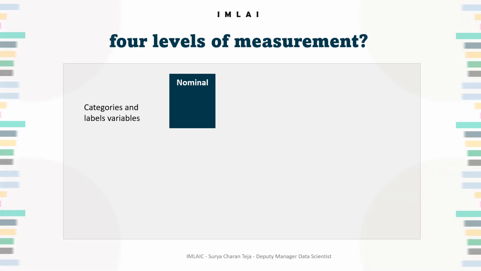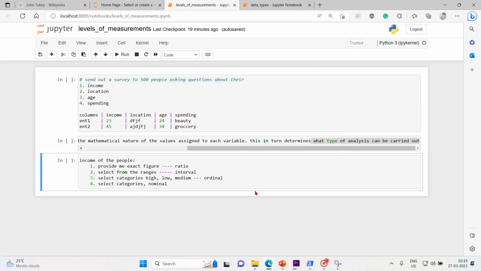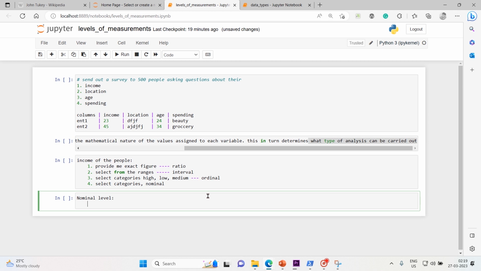Examples include, let me write down. So this is the nominal level. It categorizes data into discrete and non-ordered, very important, non-ordered categories or groups.